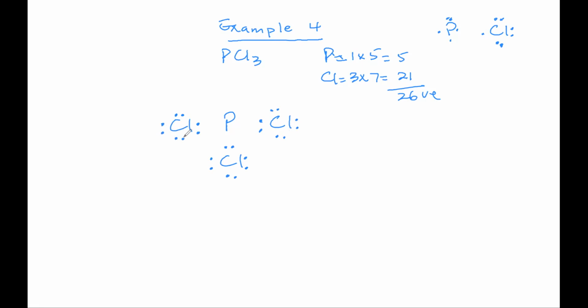So we have 8, 8, 8, 24. We have 2 valence electrons left. So we place them on the central atom, like that.